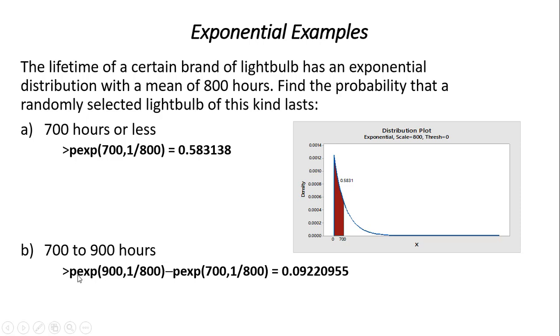The R code would be pexp(900, 1/800). This is my cumulative value, so this would give me the probability from 0 to 900, and then we have to subtract off everything less than 700, and we would get 0.092200955.